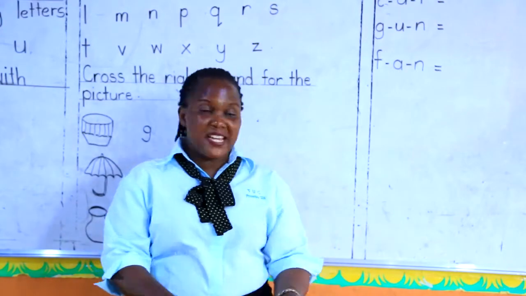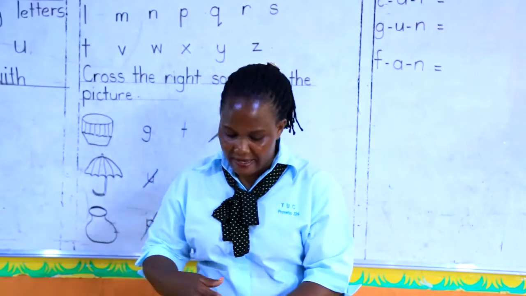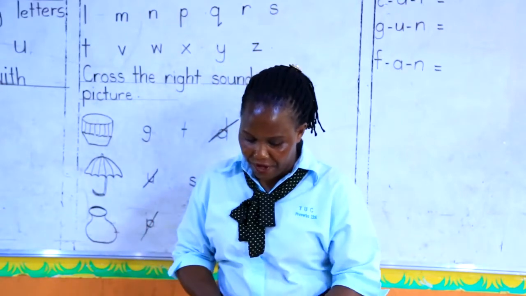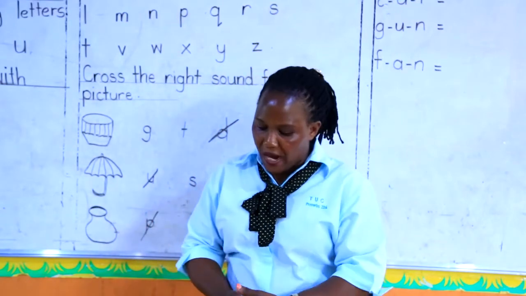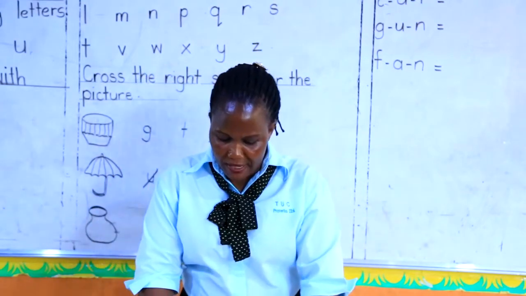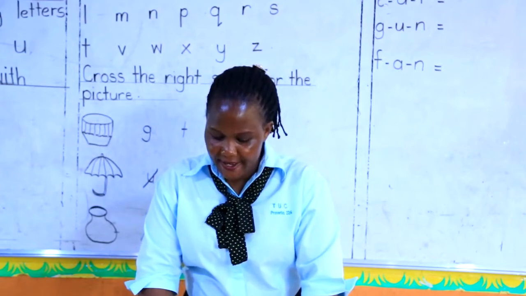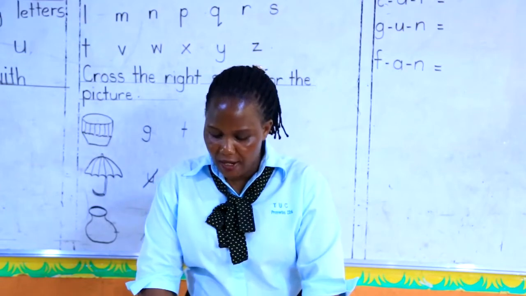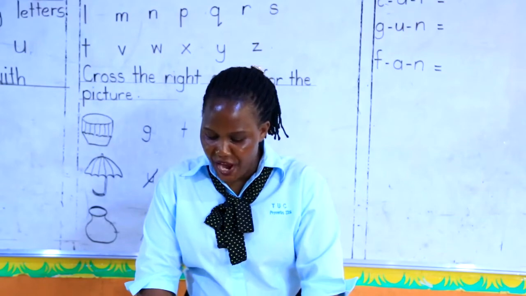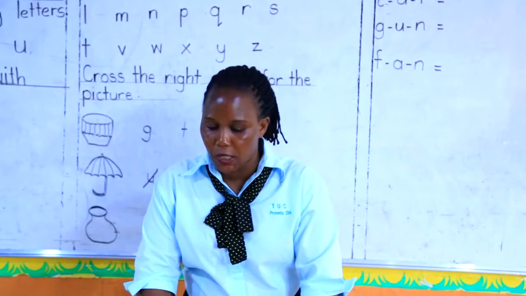You review the blending, you can take them through blending again to make them analyze each and everything very well. You can review these words, tell them to read these words. You have the words mat, bear, hot, fun, hen, duck, tap, yam, hat, cup, and dog.